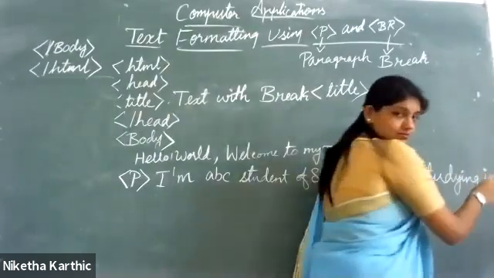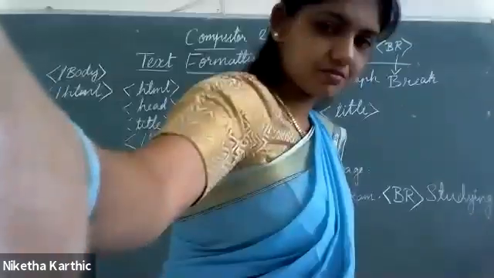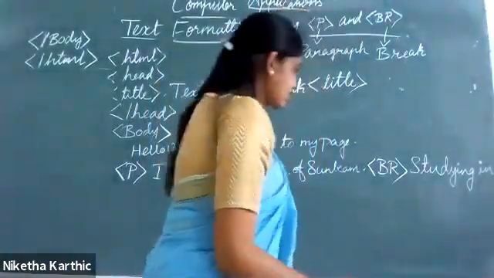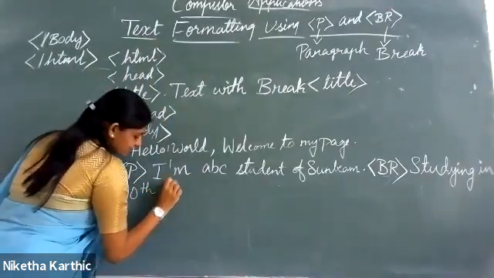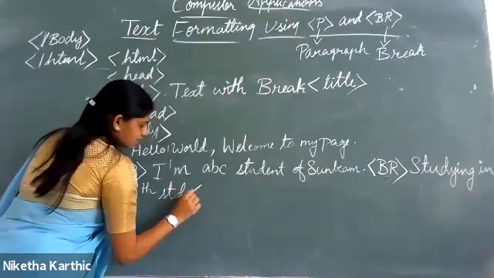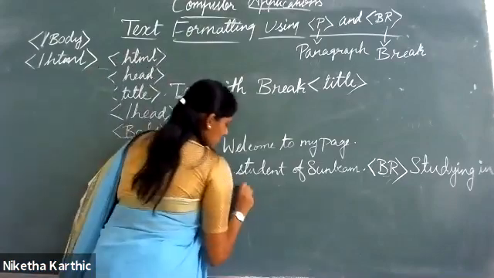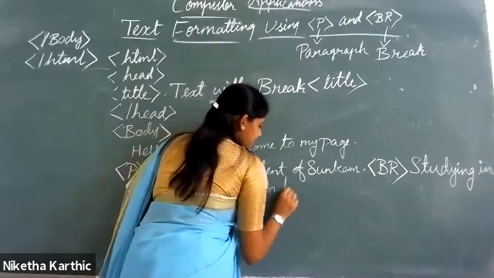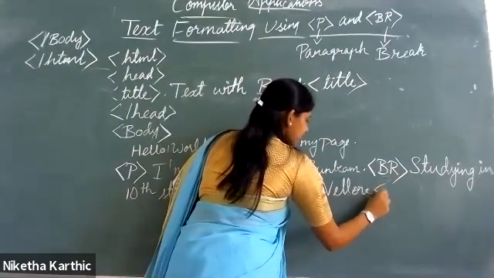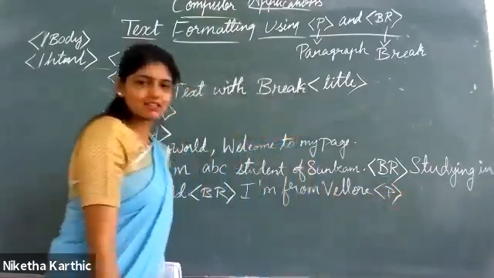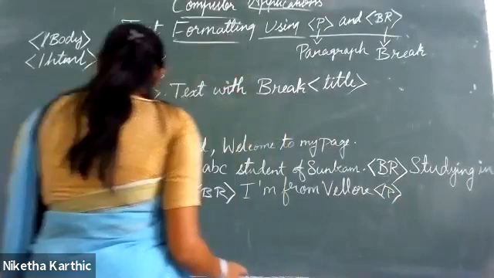Study in the next line. Then BR, and then I am from yellow. Got it? And I am closing your P over here. Right?